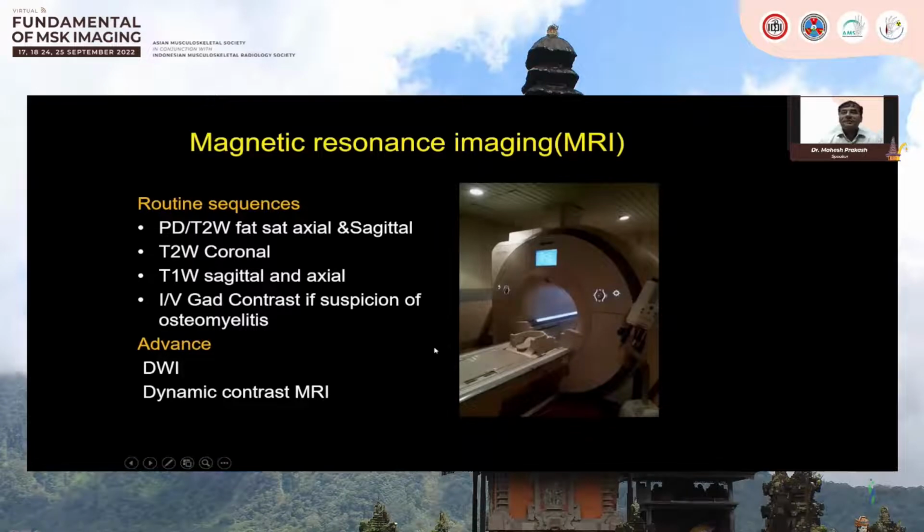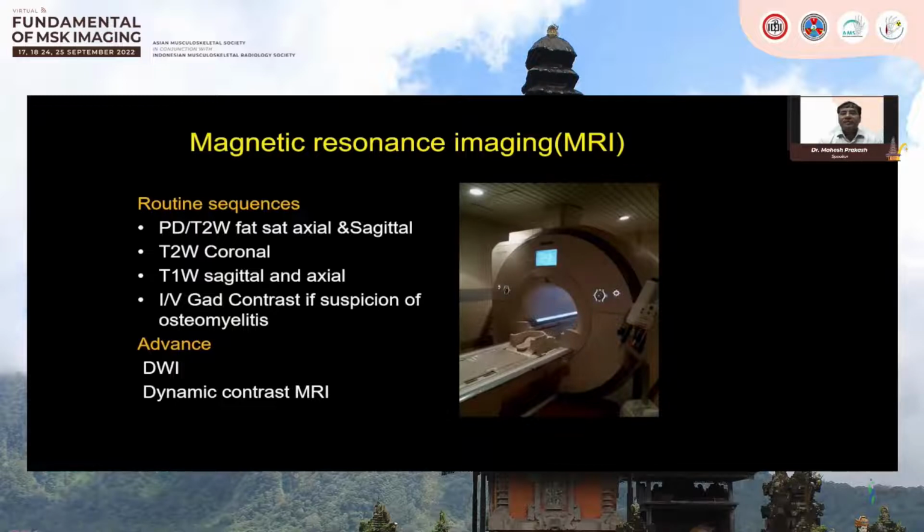The MR protocol can differ in different institutions. However, in our institution, we do these sequences. We need to do T2 weighted images, at least one T1 weighted sequence, and at least two planes. The use of gadolinium may be debatable in various institutions and hospitals.